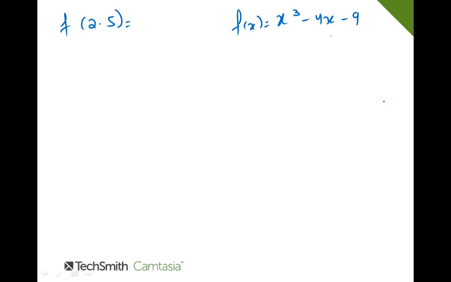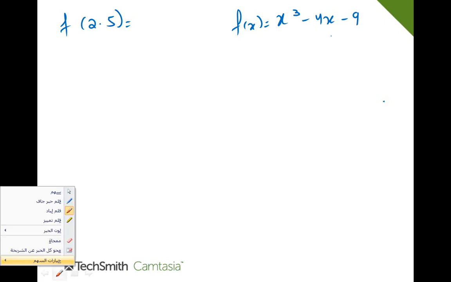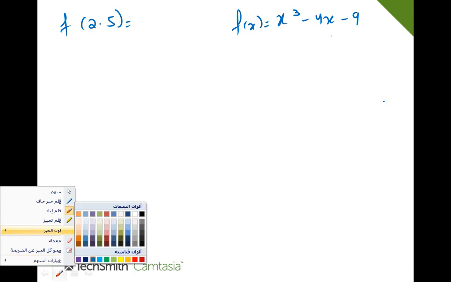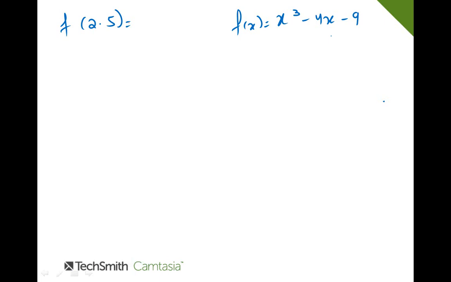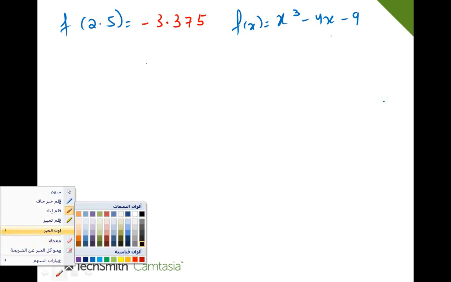Okay, so f of 2.5 will be, I'm giving you some time to use your calculators, negative 3.375. So here it's negative, you can see that it's negative. So again I will say here, I'll change my color.